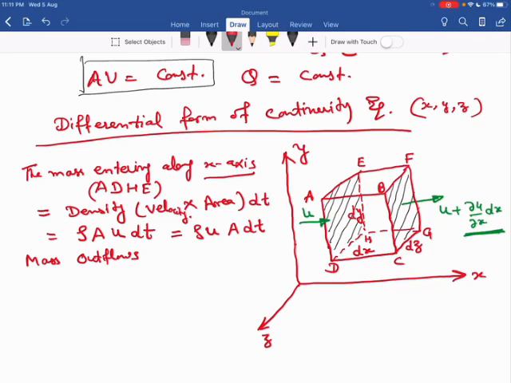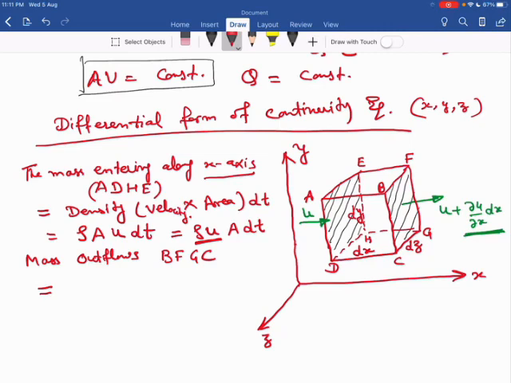So the mass outflow is from face BFGC. When mass flows out, there is a change in the product rho and U. Density changes as well as U changes, and this change takes place along the x direction.